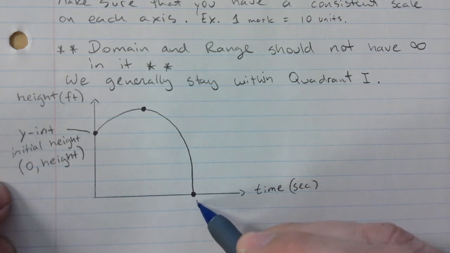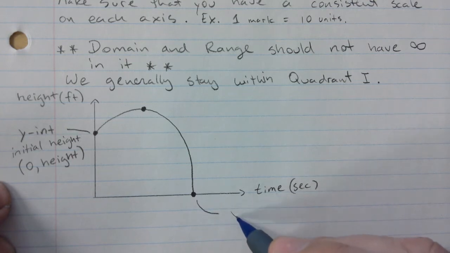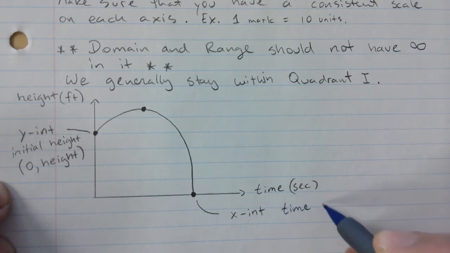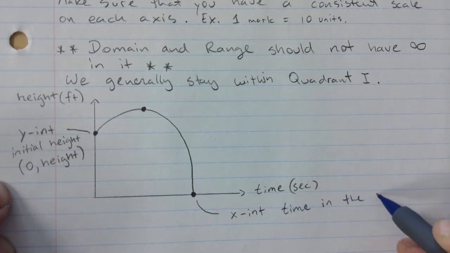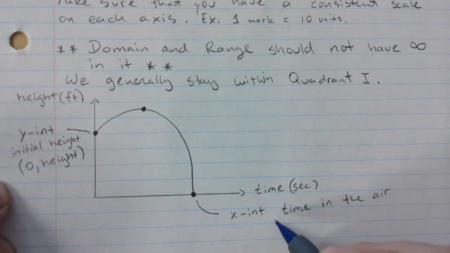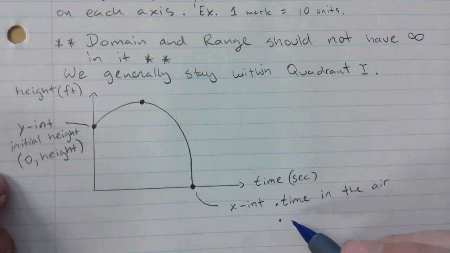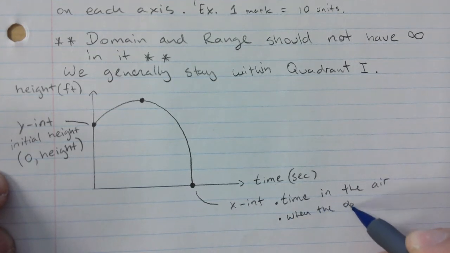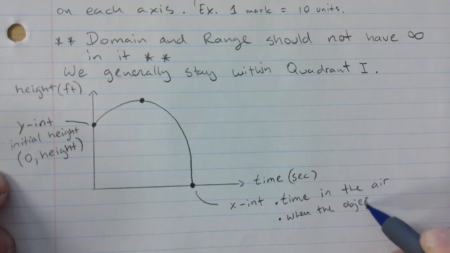The x-intercept within this context is still the x-intercept for us when we're referring to it. And this is the time in the air, that could be one way of looking at it, or when the object hits the ground.